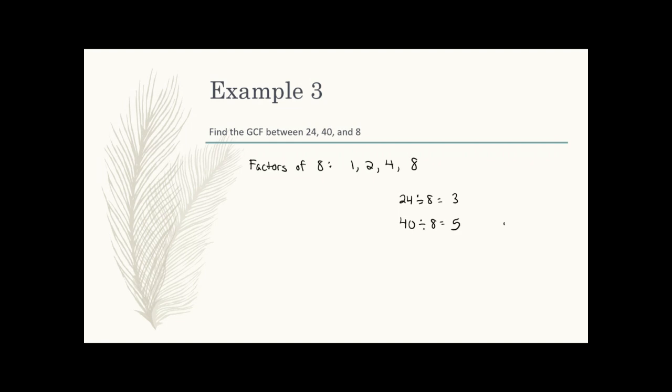So I take the smallest, find the factors, and the biggest one that goes into both numbers, that's my GCF. In this case, the GCF would be 8, because that's the biggest number that I can divide into all 3 of these numbers. It goes into 24, 40, and 8.